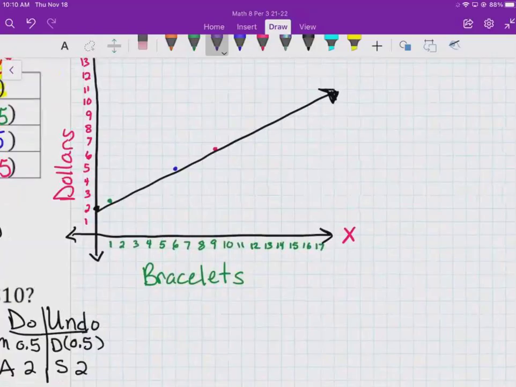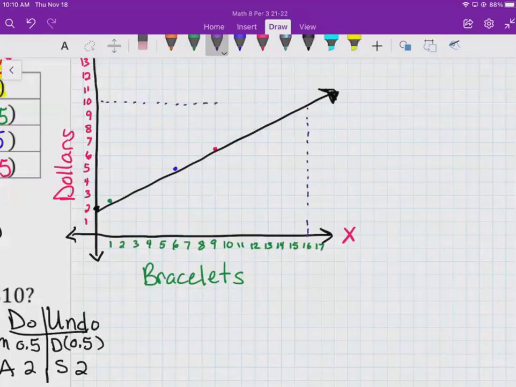If we go to 16 and we go to 10, are we on the line? Yep. So that means we got it right. So 16, 10 means $10, 16 bracelets. Okay, good job, guys.